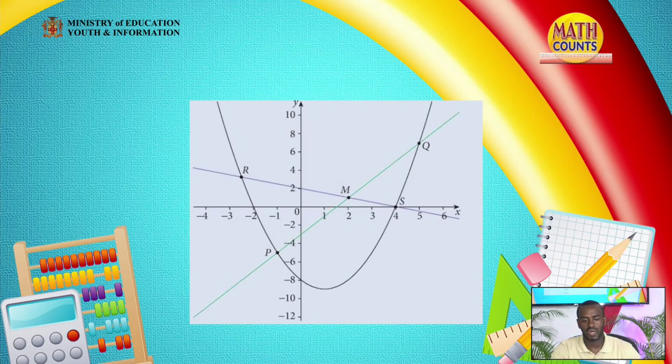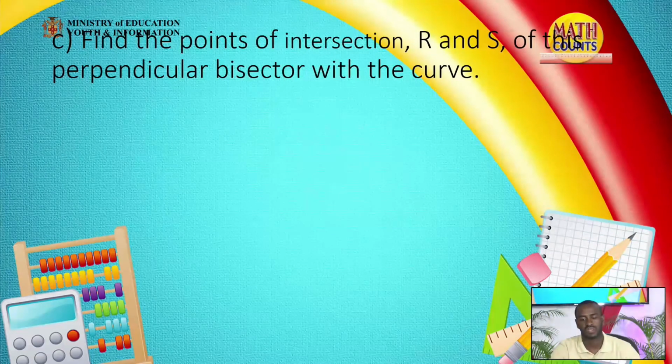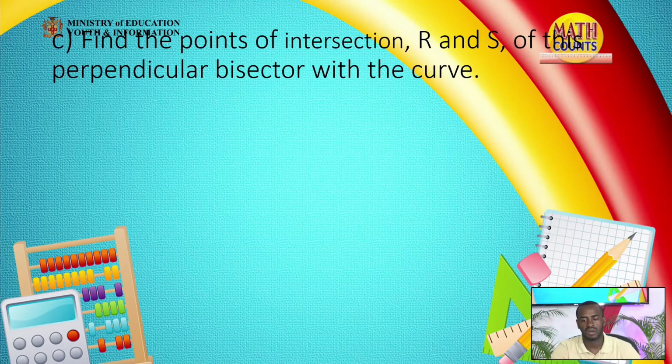Let us now go ahead and find the solution for C. The question C was to find the points of intersection R and S of the perpendicular bisector with the curve. So we will now find the points of intersection. How do we go about finding the points of intersection? Very good.